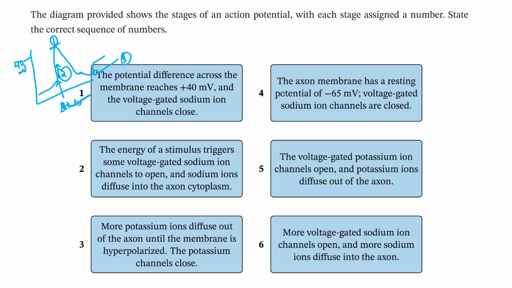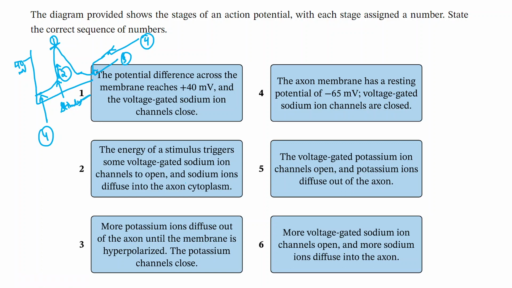The fourth statement: the axon membrane has a resting potential of minus 65 millivolt, and voltage gated sodium ion channels are closed. So now this can be either this stage, fourth, or this stage.